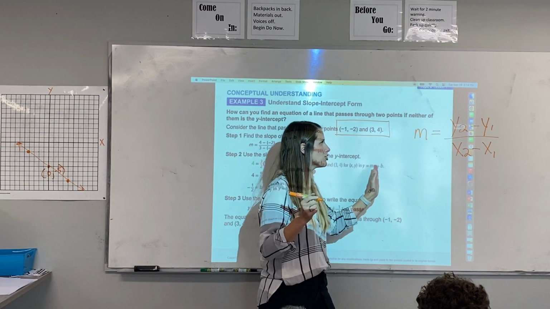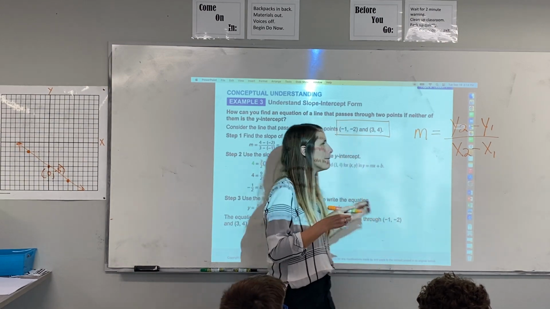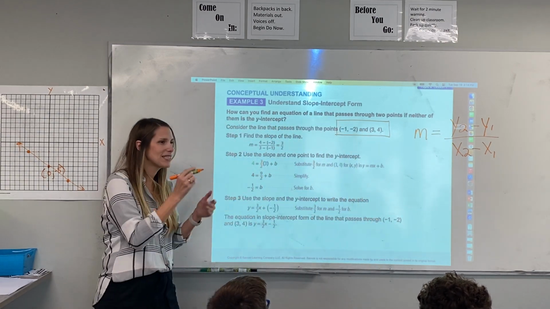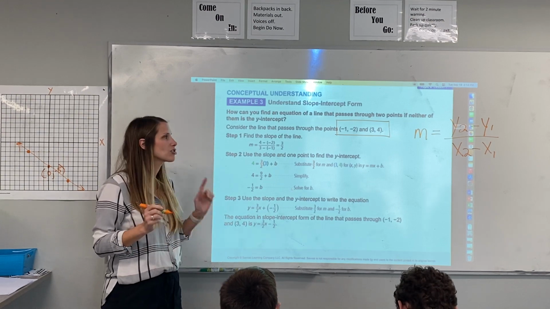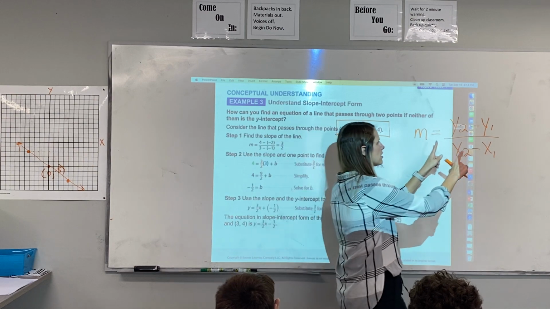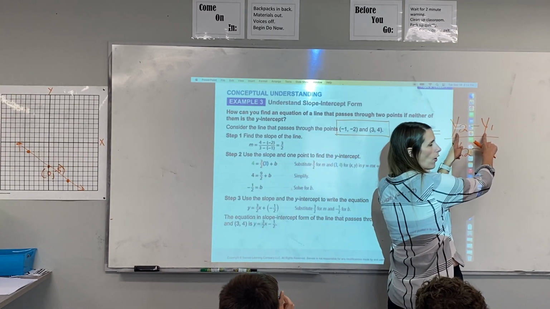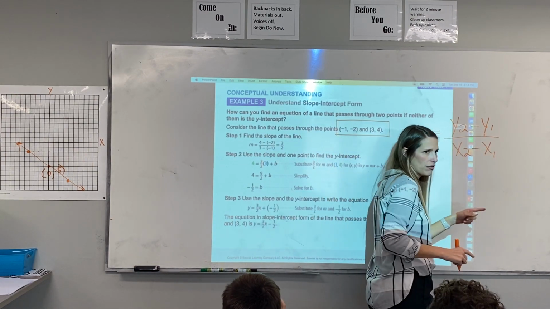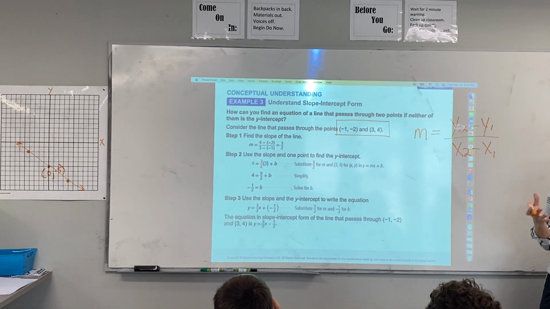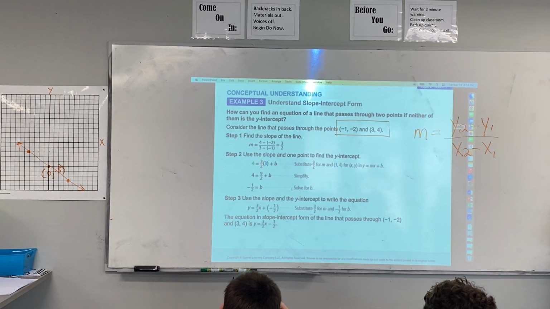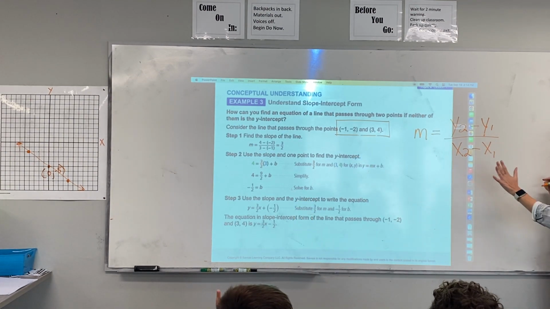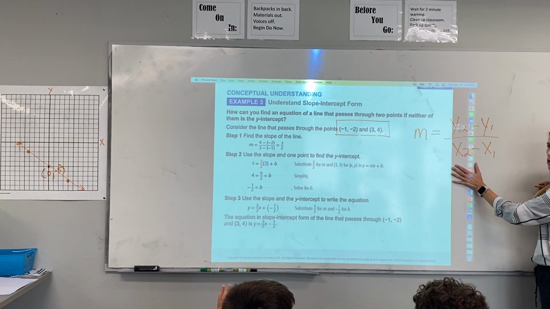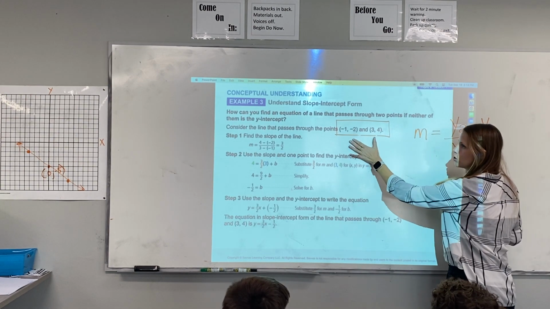Remember, slope is just the rise over the run. But if we're only given 2 points and we can't see them to count them, we can just find the difference of the y values over the difference of the x values. It's basically how the y is changing and how the x is changing. It's the same thing as counting, except we're counting it by using our numbers, okay? This is the standard formula to find your slope when you're given 2 points.